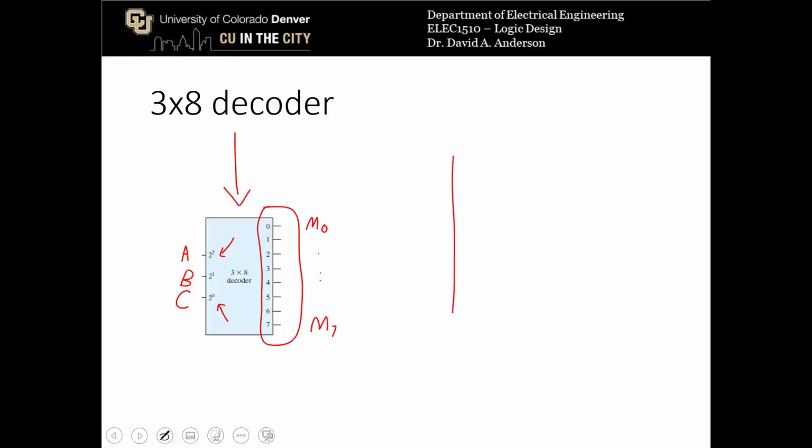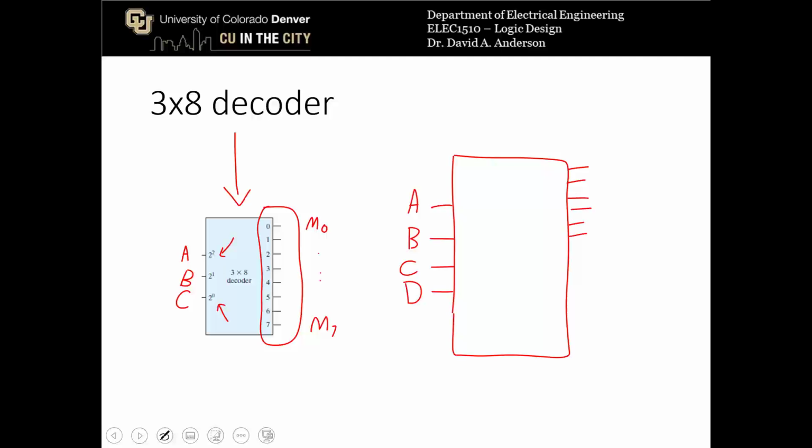If we wanted, say, a 4x16 decoder, this would have to be a pretty big block with 4 inputs. So we might call these A, B, C, and D. And 16 outputs, 1, 2, 3, 4, 5, 6, 7, 8, 9, 10, 11, 12, 13, 14, 15, 16, corresponding to minterm 0 all the way through minterm 15.